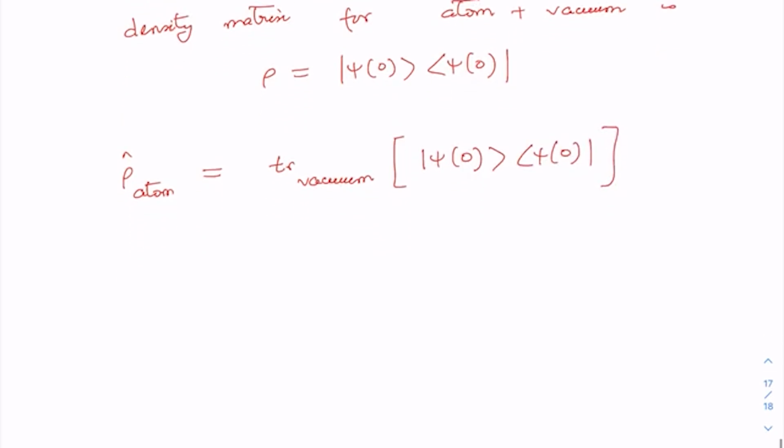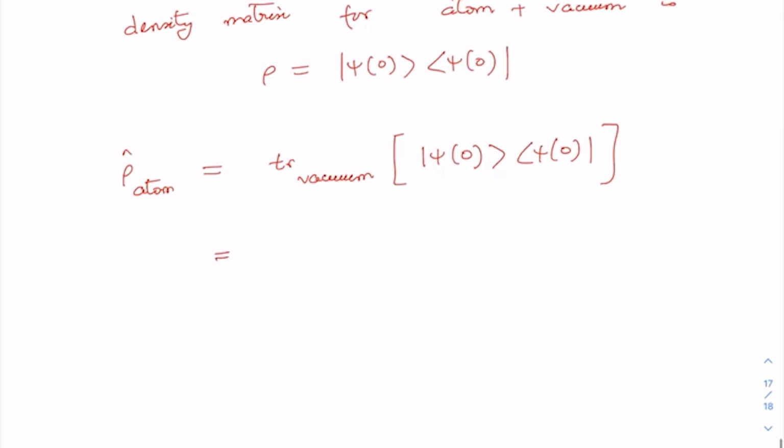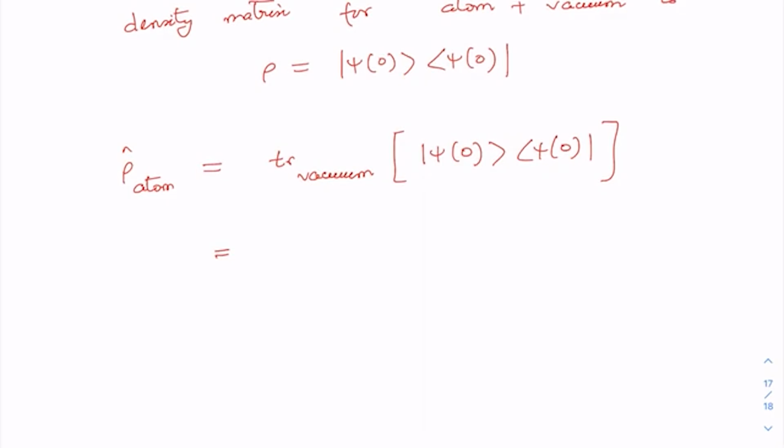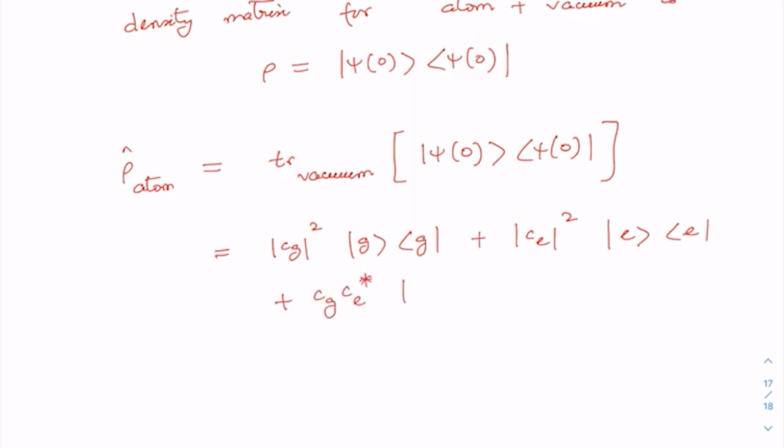In fact, we did this kind of example in an earlier class in module 1. If we work it out, we will get this: it would be mod Cg square, then this state, and then Ce mod square ee, and we'll have these terms containing the information about the phases, Ce Cg star and so on.